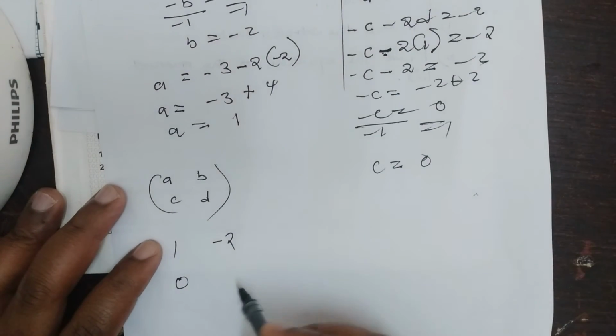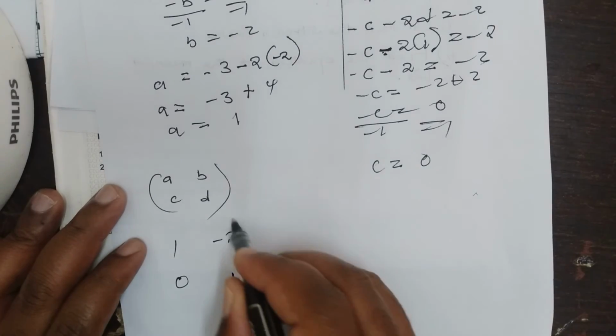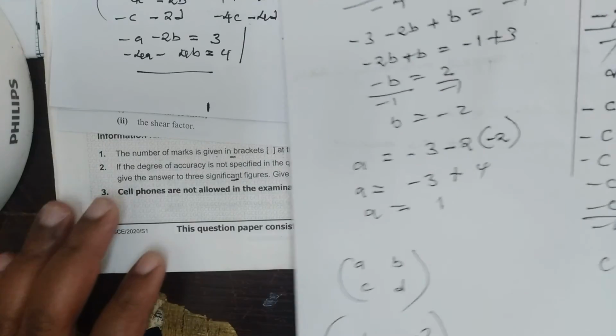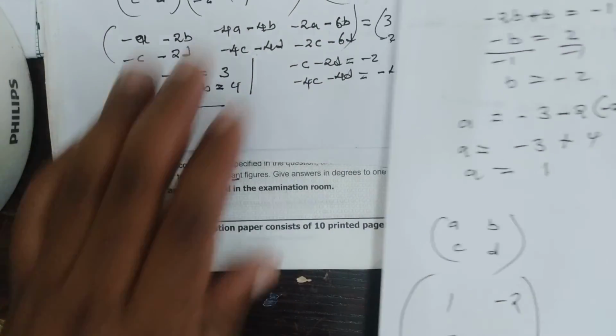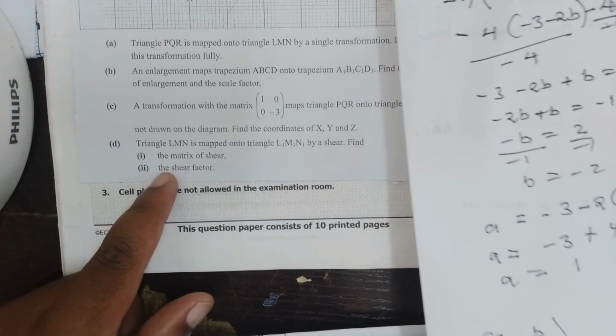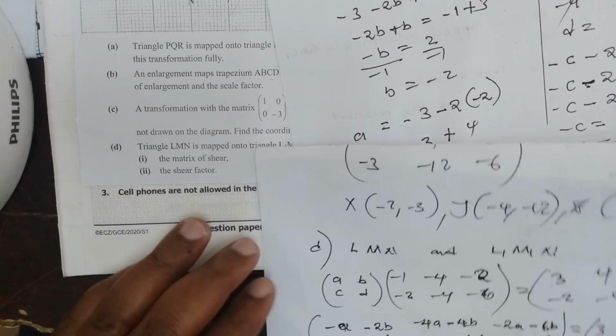And what is our D? Our D is 1. So this is the matrix. For the first one, this is Roman numeral 1, and our matrix is this one.